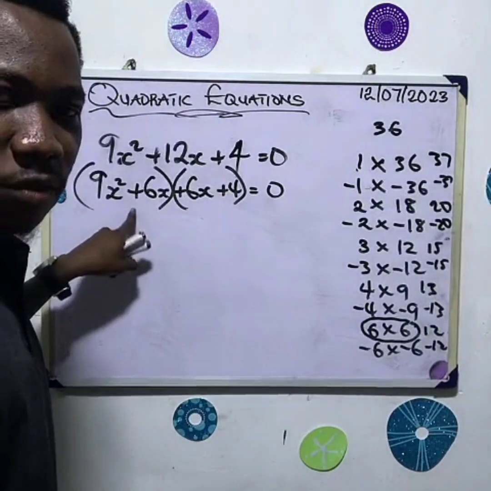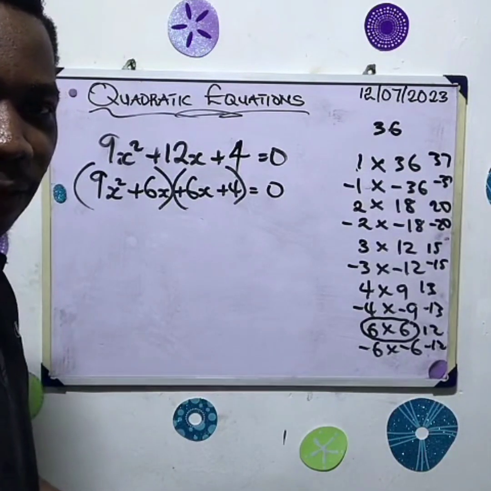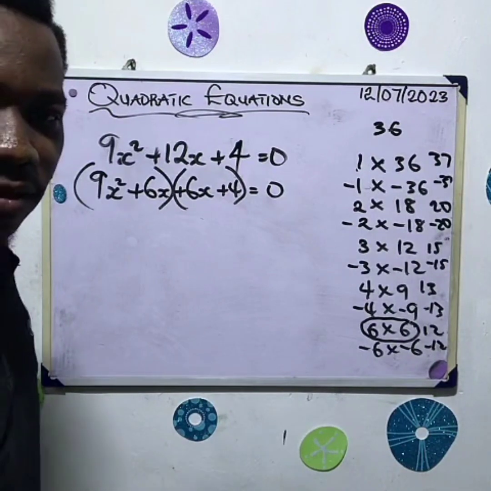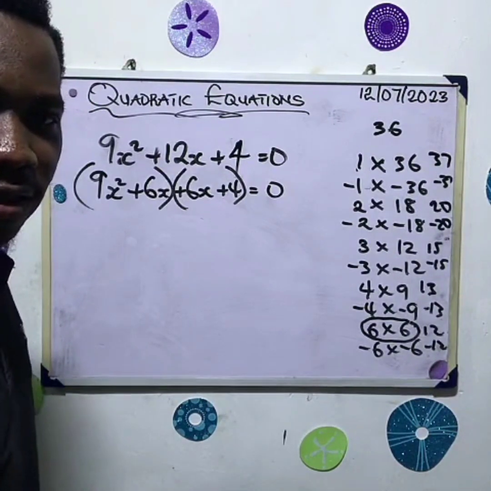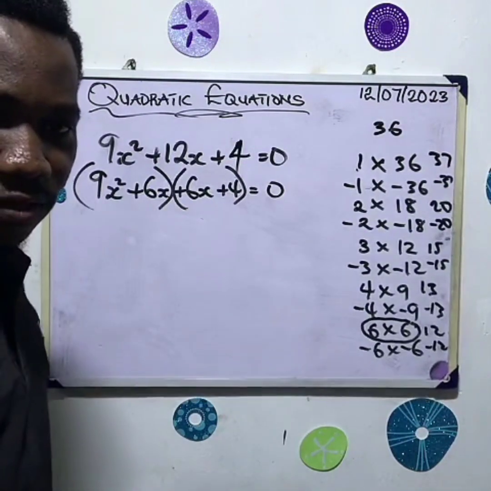9x squared plus 6x. What's the highest common factor? Okay, let's say 3x. 3, but we have x also. We have x here, we have x here. Let's just say 3x.